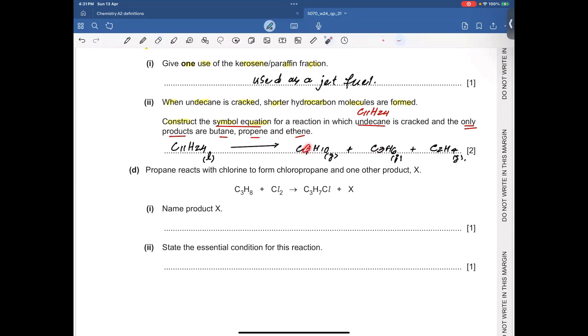Let me check. 4 plus 3, 7. 7, 8, 9, 10, 11. So put 2 here. Okay. 2 times 2, 4. 4 plus 4, 8. 8 plus 3, 11. How many hydrogen atoms? 10 plus 6, 16. 16 plus 2 4s are 8. 16 plus 8 is 24. Okay.